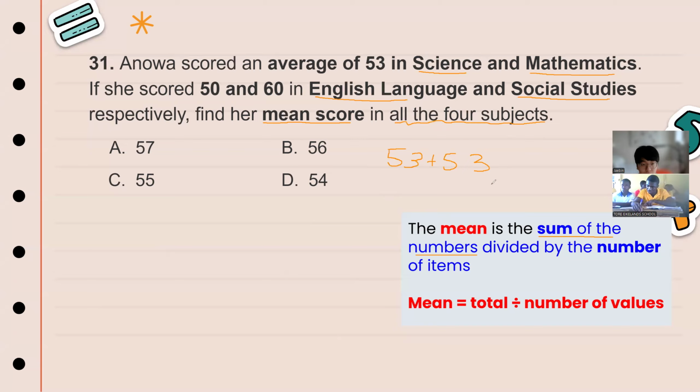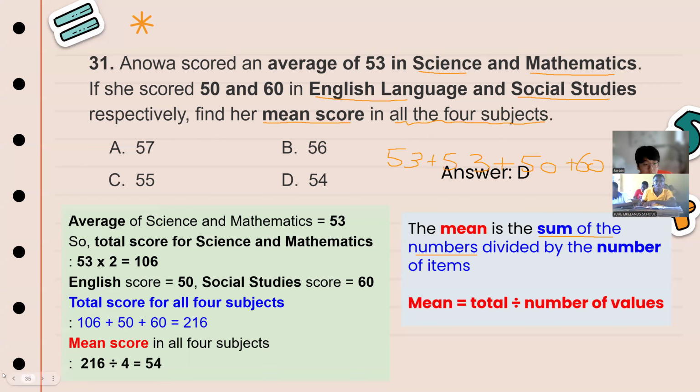So 53 plus 53 plus English, she had a score of 50. And in social studies, she scored 60. So the total score for science and mathematics is 53 plus 53, or 53 times 2, which is 106.